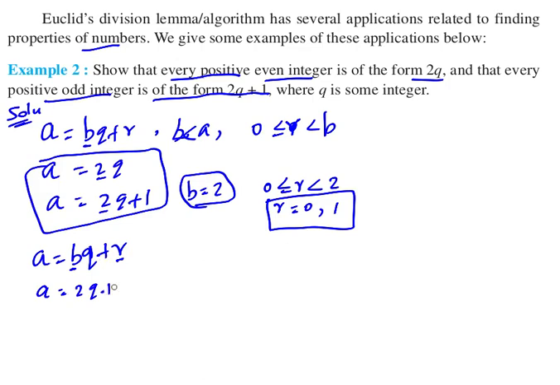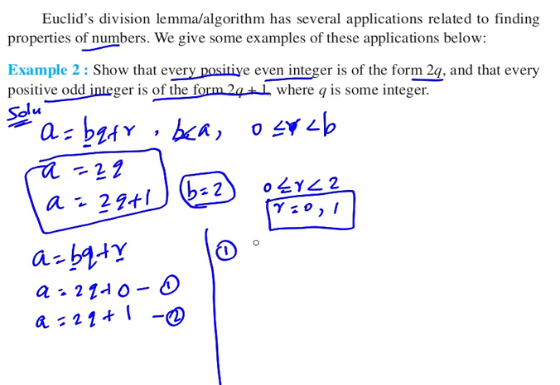In the first case, we put r equal to 0. In the second case, we write a equals 2q plus 1. So we are getting two equations. According to equation number 1, a equals 2q plus 0. This 0 we can leave, a equals 2q.